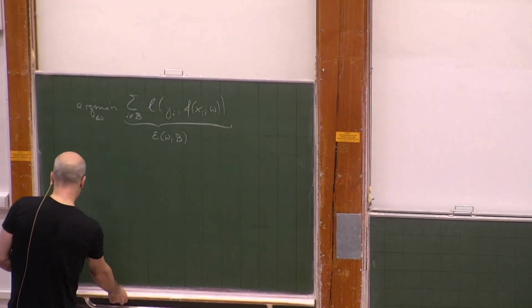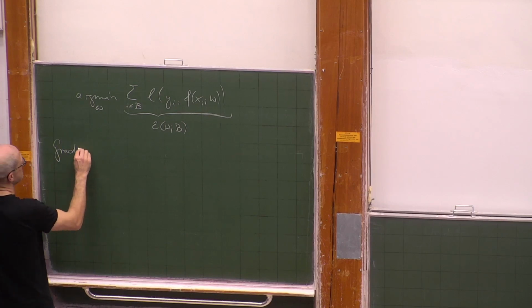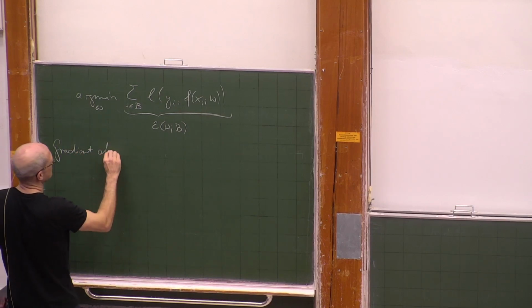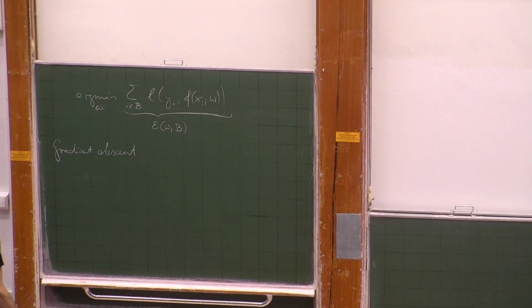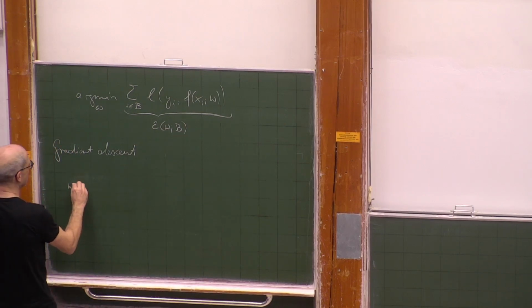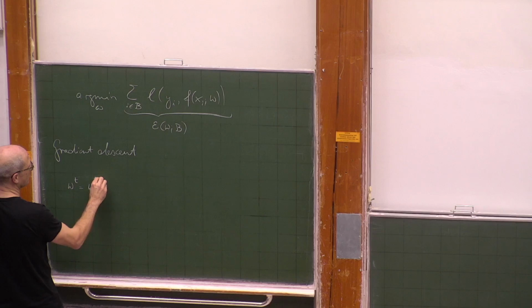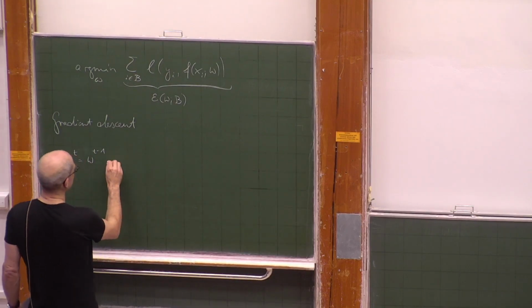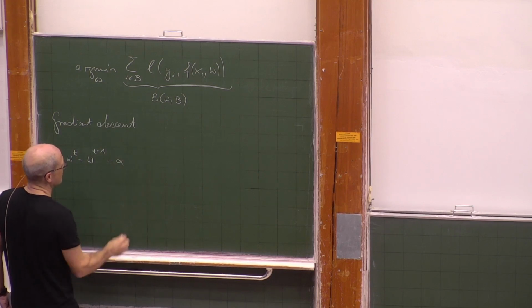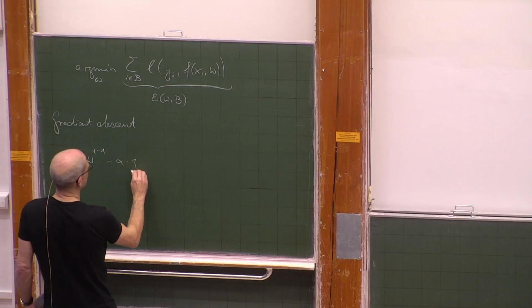Okay, and then in gradient descent, the scheme that we use is we find new parameters at time t by considering the old parameters at time t minus 1, and then taking a magical step size times this gradient.